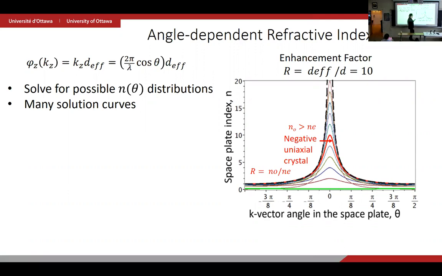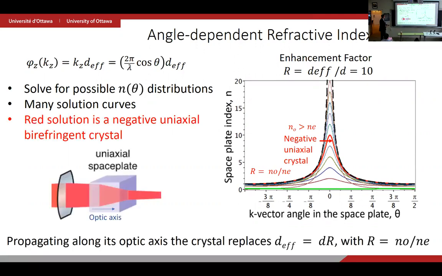And we recognized that this was a negative uniaxial crystal, which, for those of you in optics, means that NO is larger than NE, and the compression you would get was just the ratio of the two indices in the crystal. But it only actually replaces space if you put it in a medium that matches this NE index. So it's not as good as replacing free space. So we wanted to try this.